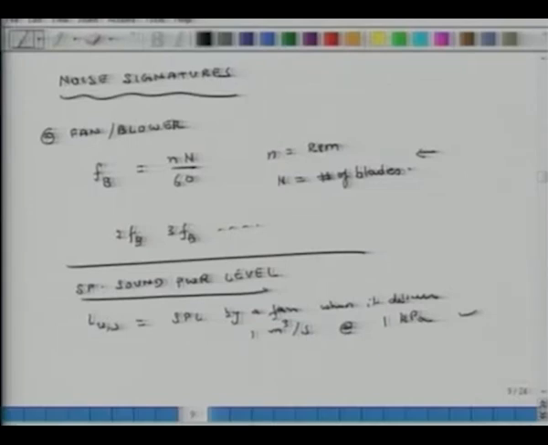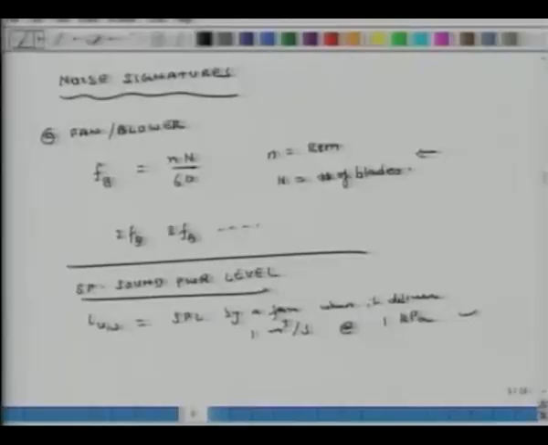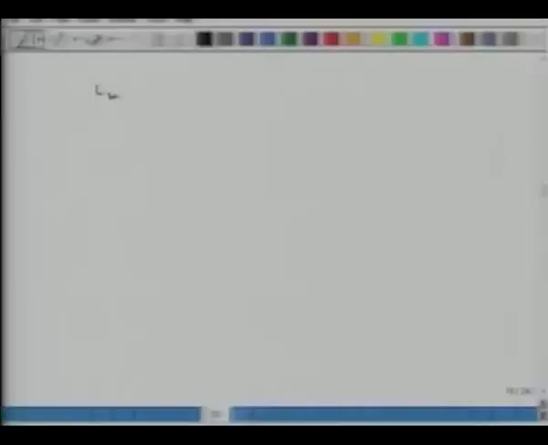So if I know the specific sound power level of a fan, and if the fan is running at some other RPM, producing air at some other value, then LW fan, which is the actual noise generated, is basically LWS plus 10 log Q plus 20 log PT.